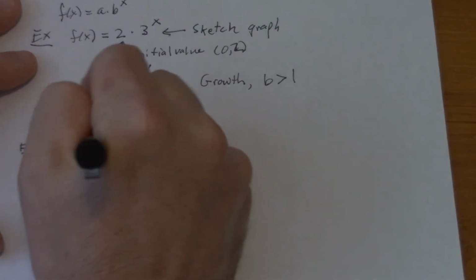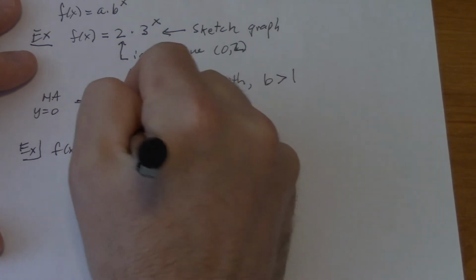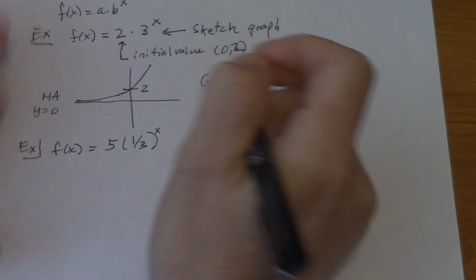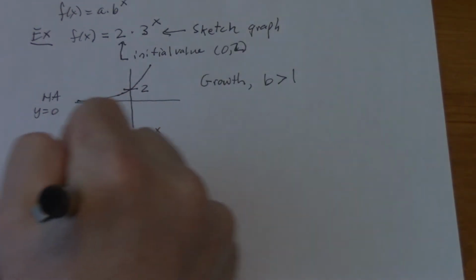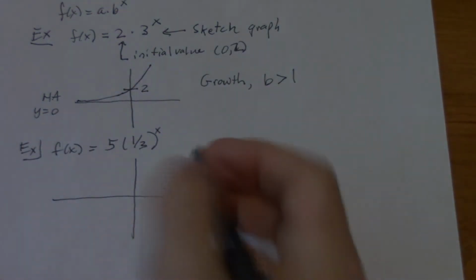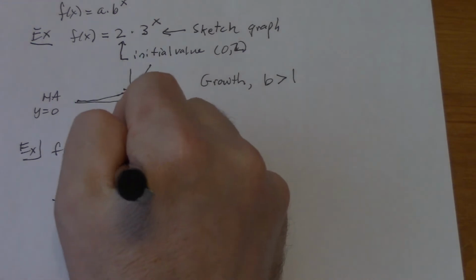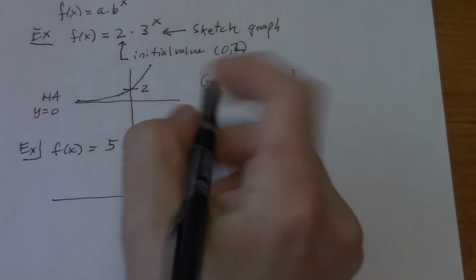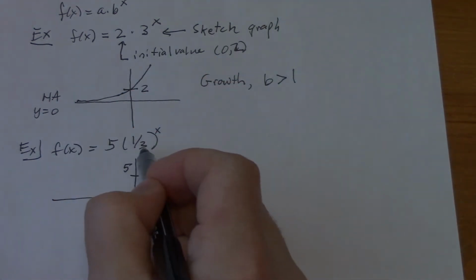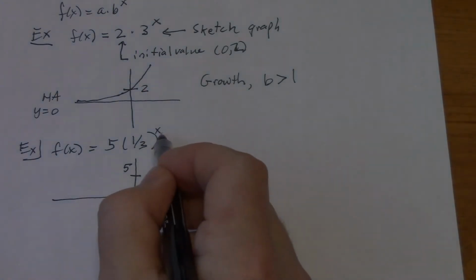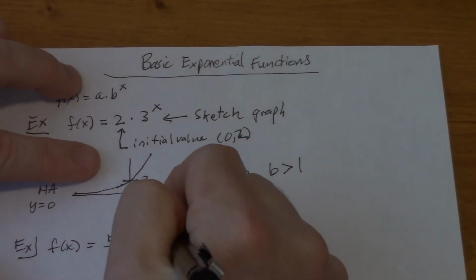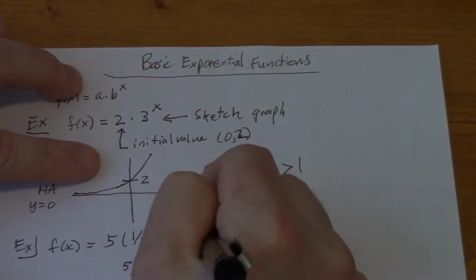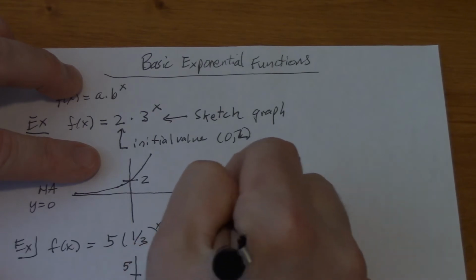Consequently, if f of x is 5 times 1/3 to the x, how would we sketch that one? Well, the y-intercept is still going to be 5, so that's going to stay the same. But in this case, the base is 1/3. When I raise 1/3 to a really large power, it gets teeny tiny. You can also think about it as 5 times 3 to the negative x.